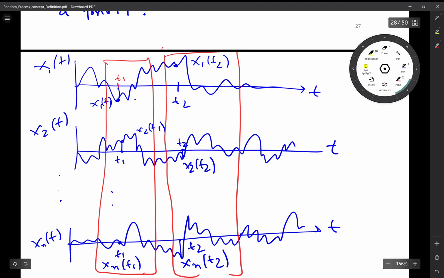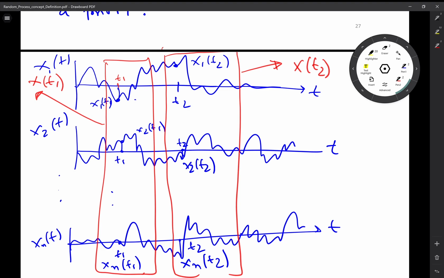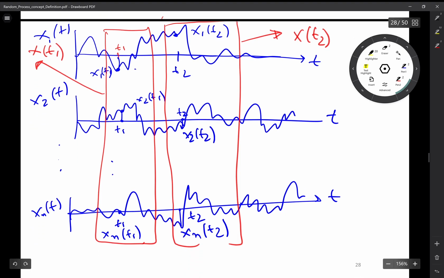We call this population x of t1, and this population x of t2, and so on. This is the difference between the deterministic approach and the random process approach. In a random process we look over the ensemble. At t1 we get the different values x1(t1), x2(t1), x3(t1), and combined together they become an ensemble and a population.